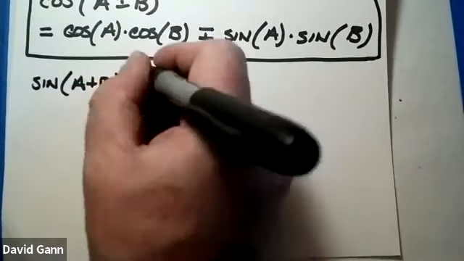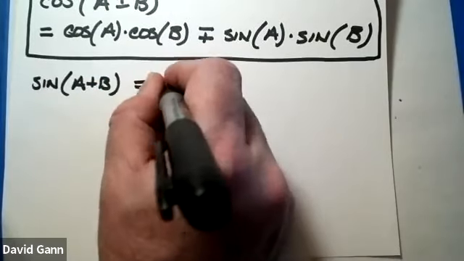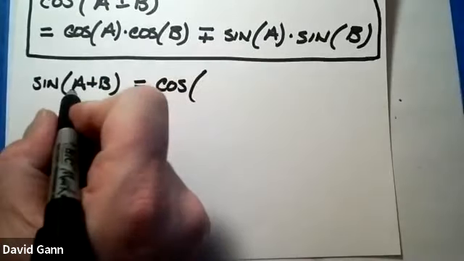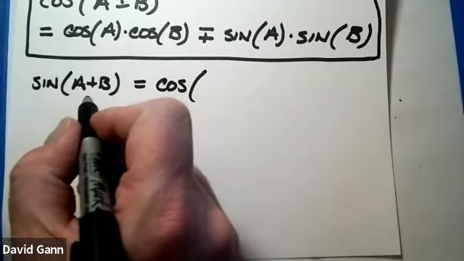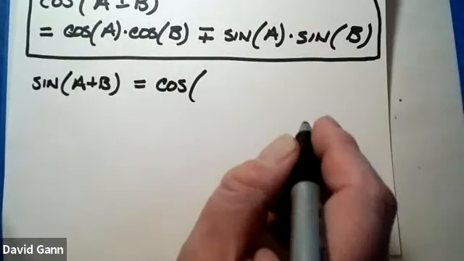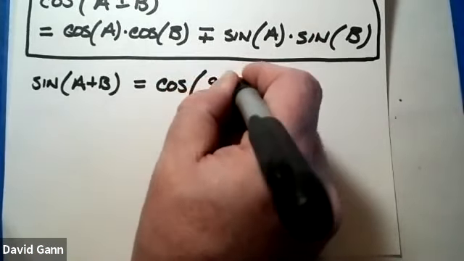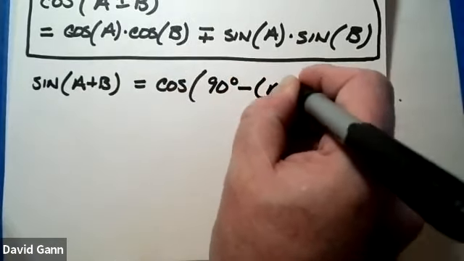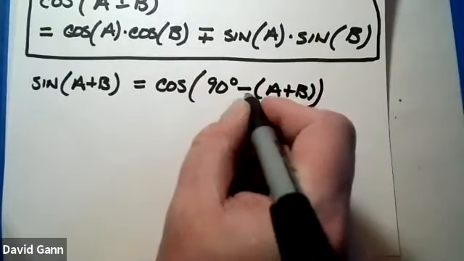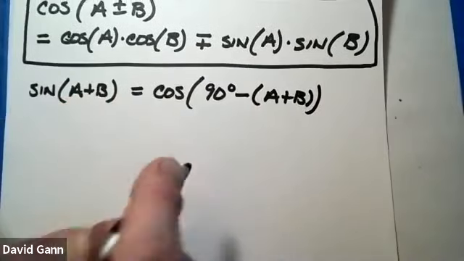So remember, the cofunction identity is that this will be cosine of 90 minus whatever's in here. Or pi over 2, but I'll keep this simple. 90 degrees minus A plus B, right? So this is the complementary angle to this angle.